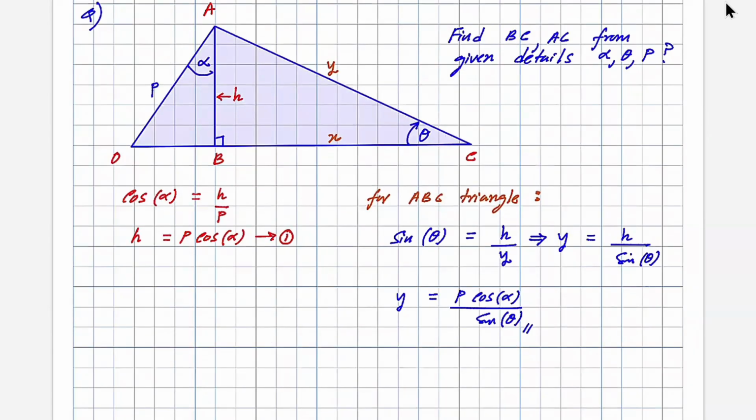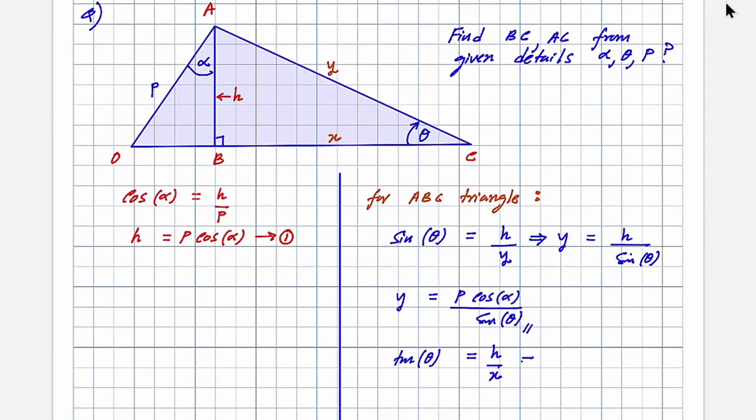Now, if you want to find x, what you do, you use cos theta. So cos theta is equal to, okay, actually it is easy to use tan theta, right? I will use tan theta here. If I use tan theta, it is going to be h divided by x, agree?